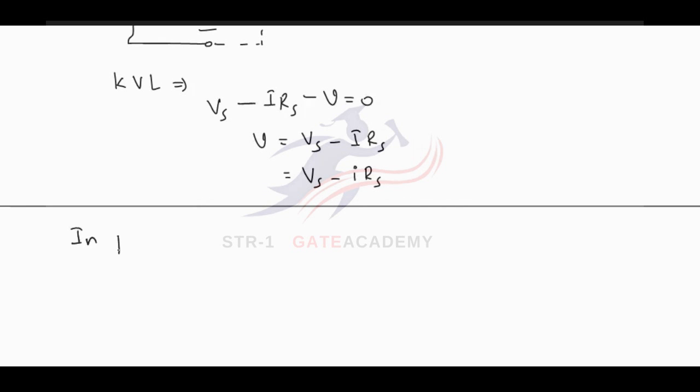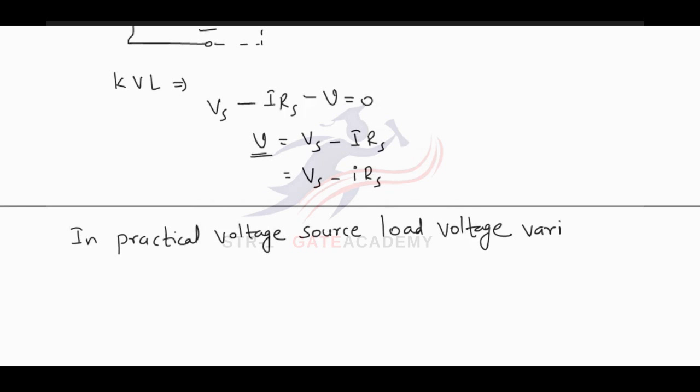So in a practical voltage source, the load voltage, that is V, varies with load current, which is nothing but I. So V is a function of I.